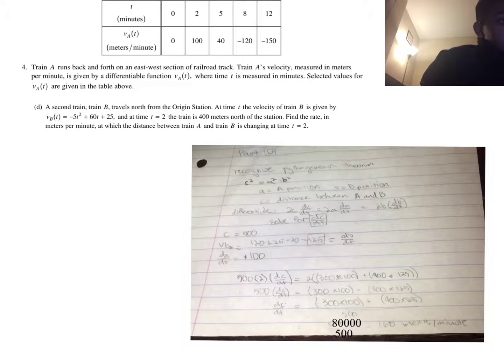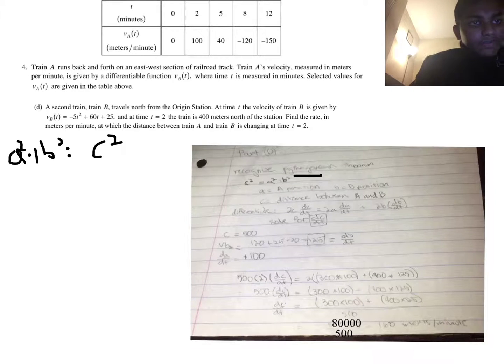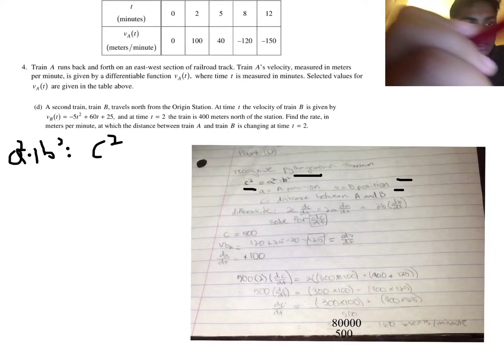If you don't remember, it is a squared plus b squared equals c squared, right? This equation right here. And then we need to assign values for these: lowercase a is equal to A's position, lowercase b is equal to B's position, and c is equal to the distance between A's position and B's position.